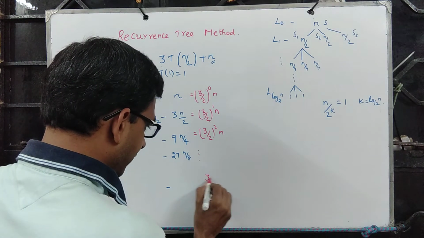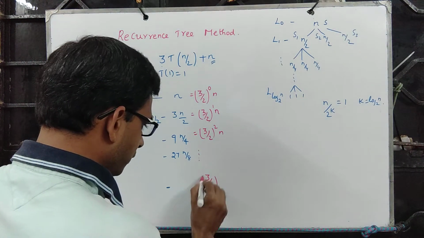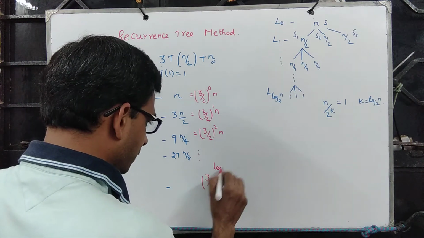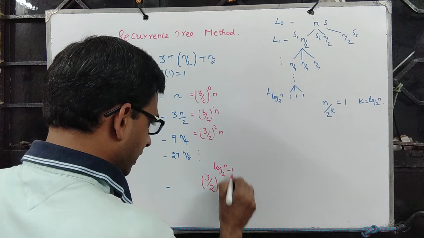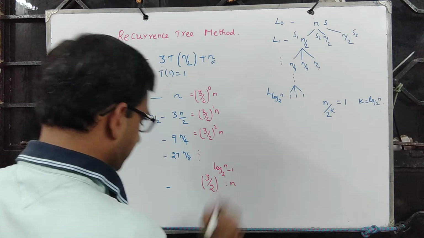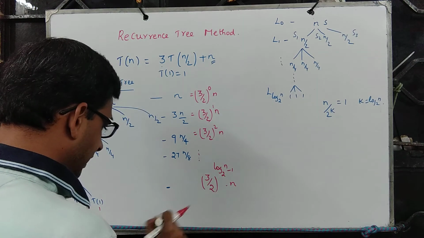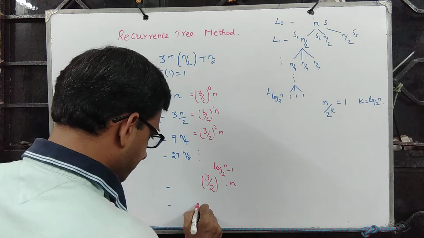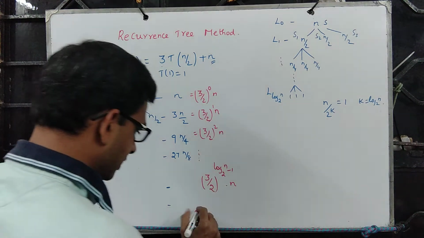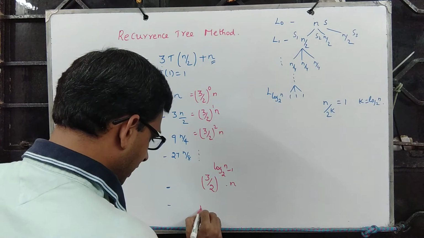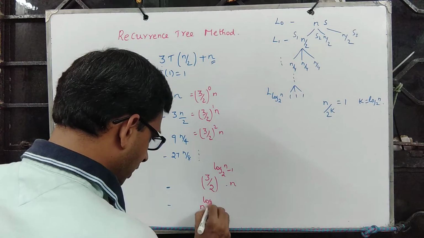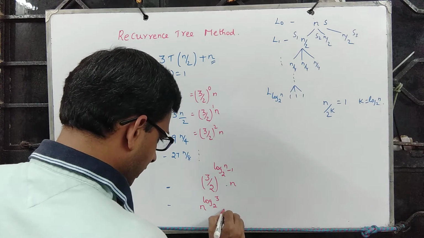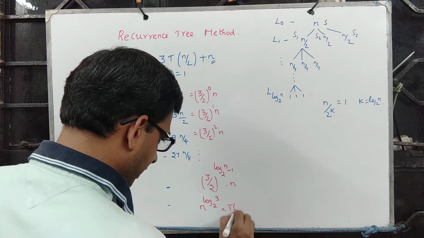The last but one level will be (3/2) to the power log n base 2 minus 1, that is the level number, times n. And at the last level, how many leaves will be there? If we follow this, you can see that there will be n to the power log 3 base 2 times T(1).